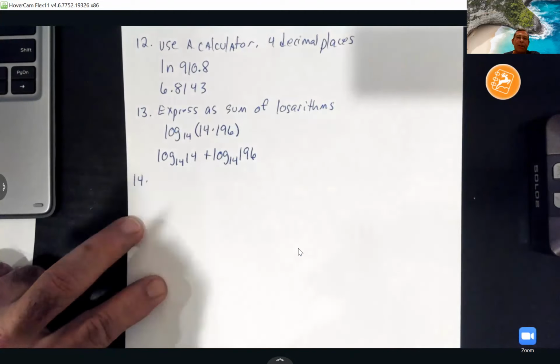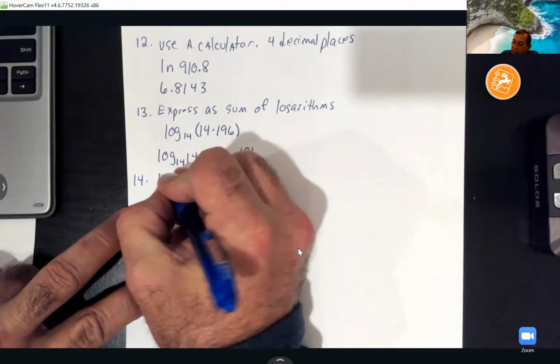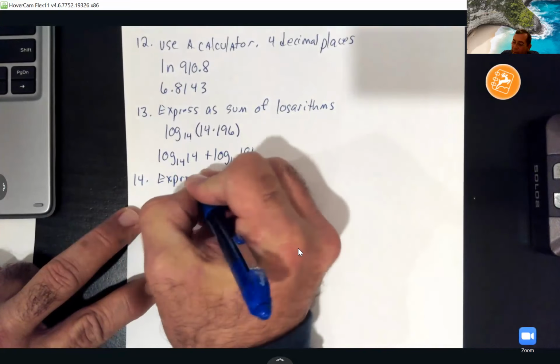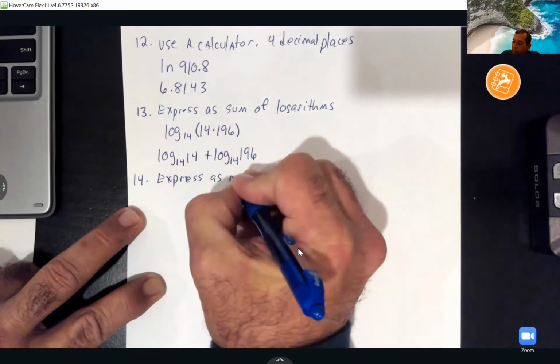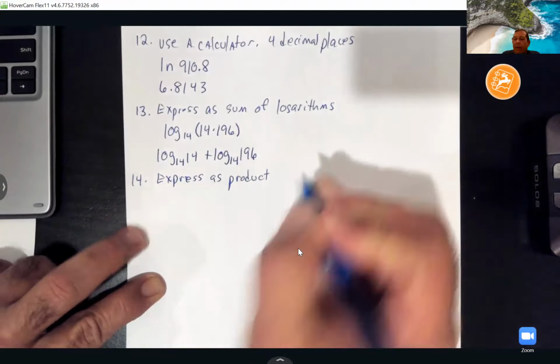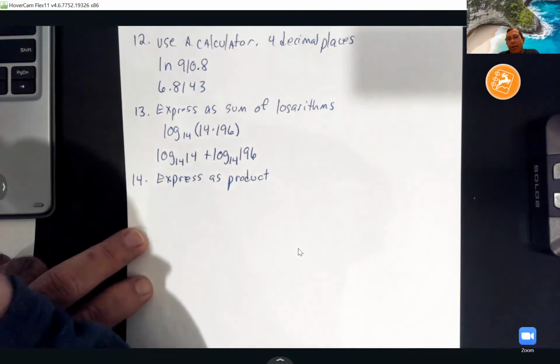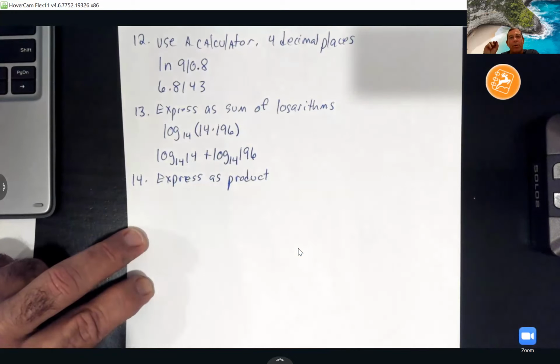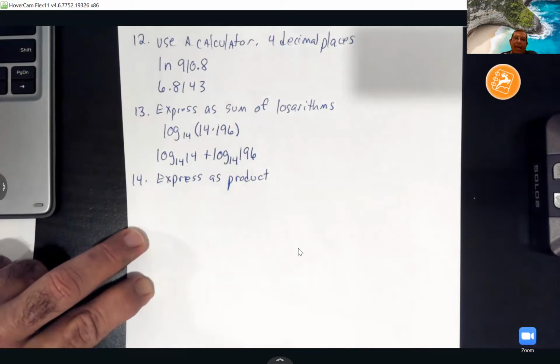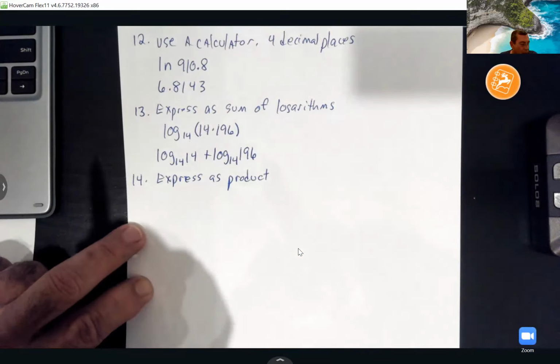Next, express as a product. So when they say express as a product, y'all, all they want you to do is bring those exponents down to the front and rewrite it as a product of that exponent times the log.